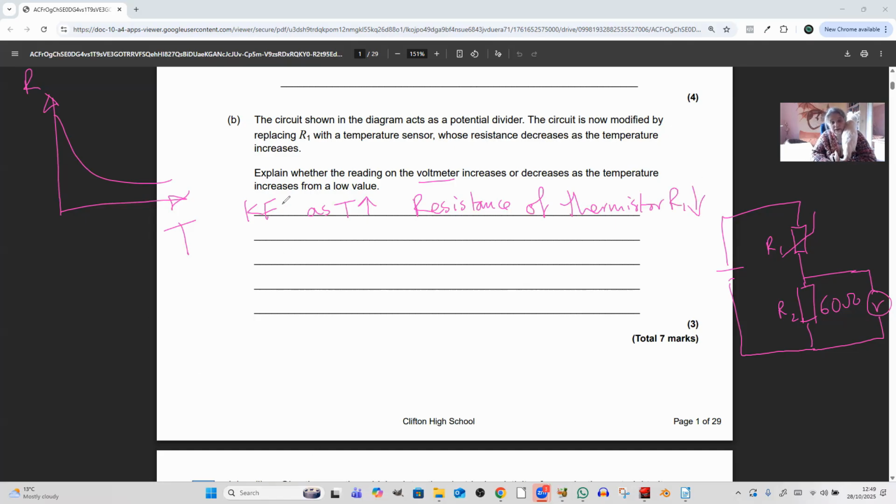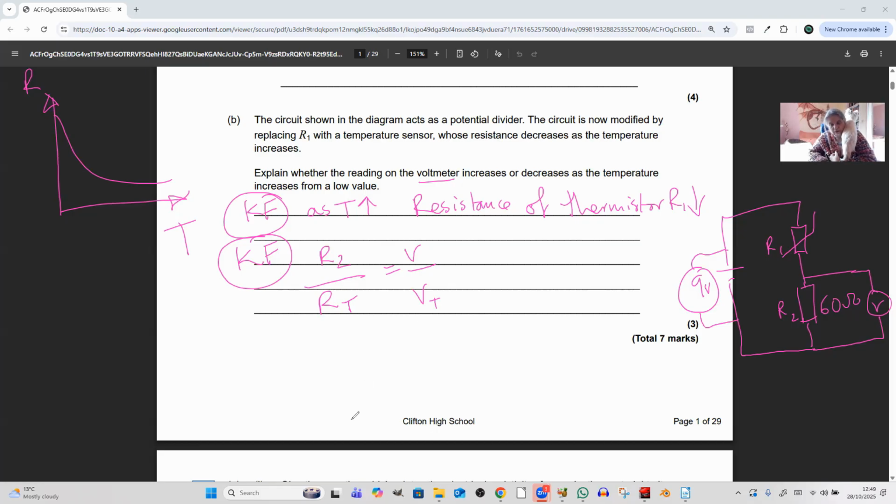Okay, so that's my key fact. And then my second key fact is that R2 over R total is equal to V over V total. And this is 9 volts.